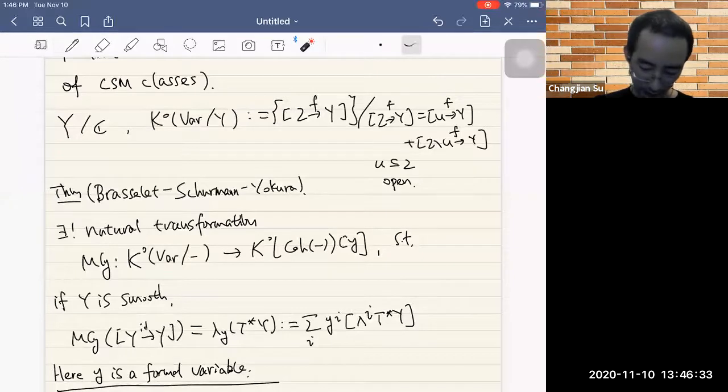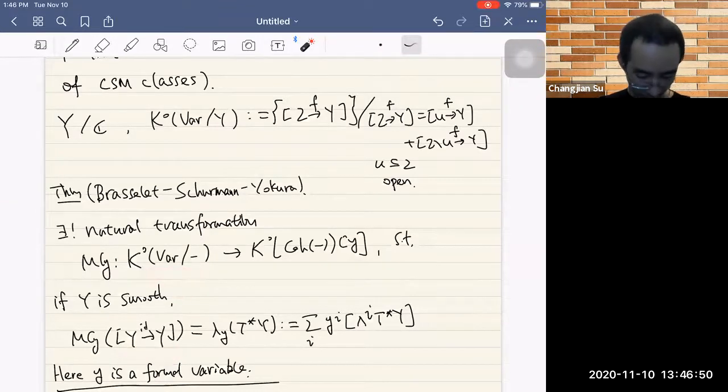such that it satisfies the following normalization conditions. If we start with a smooth variety Y, you can consider the identity map Y mapping to itself. This lives here.